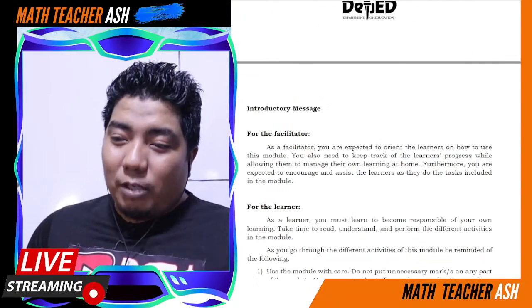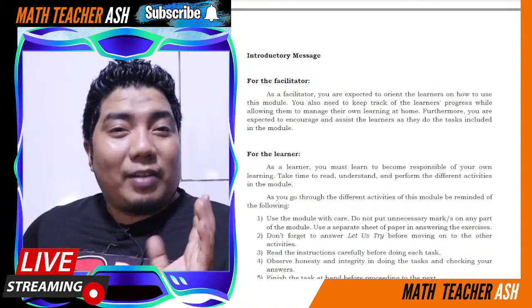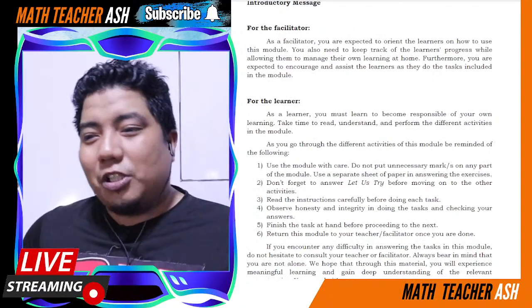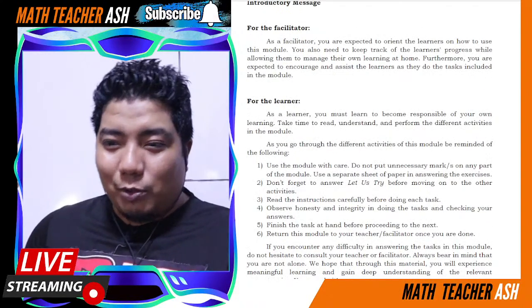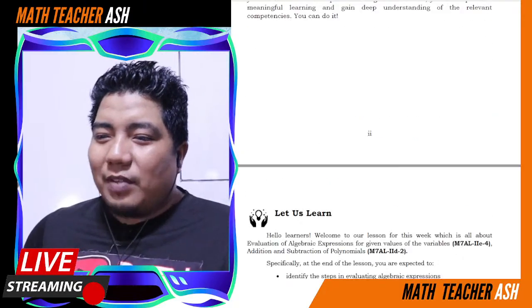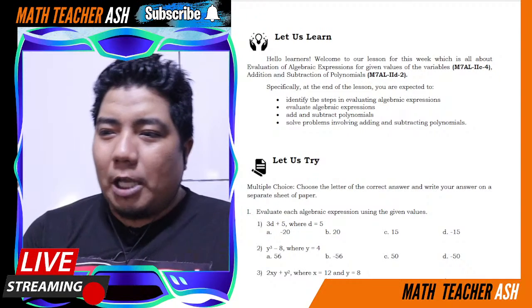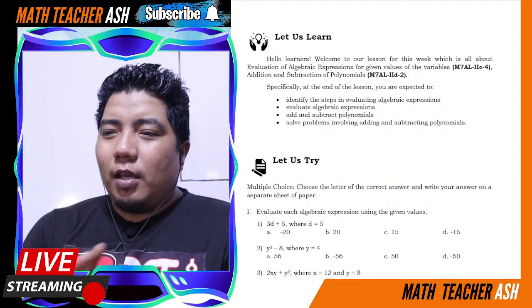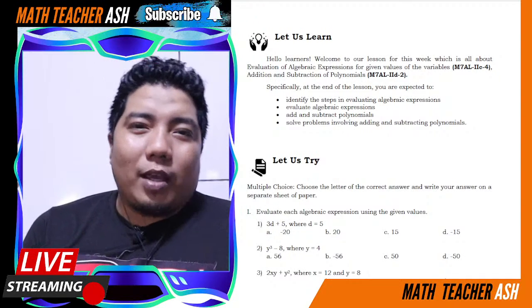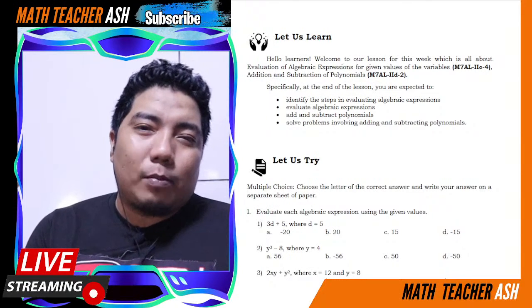And on the fourth page is the introductory message for the facilitator, those are the teachers, and for the learners, kayo yon mga students. Okay. Next is we have the fifth page, and what is this all about? Now, in this fifth page, we will be knowing what are the objectives of the module. Ano nga ba yung matututunan natin sa module na ito?